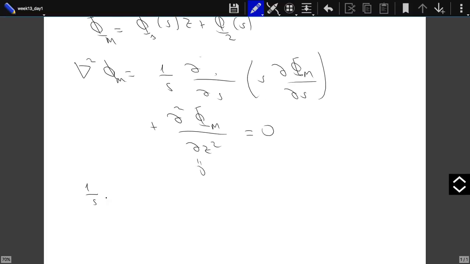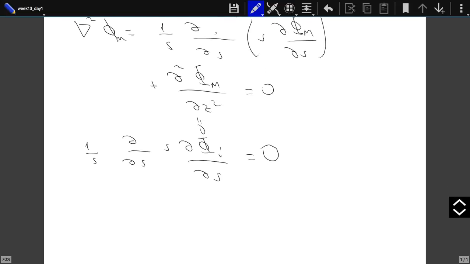So we know that 1 over S del over del S of S del phi_i by del S, for both of them, should be equal to 0. Well, this tells me that S times d phi_i by dS is a constant.